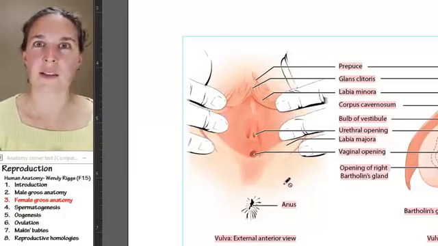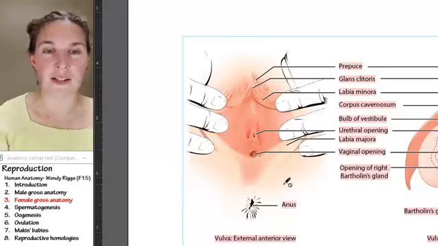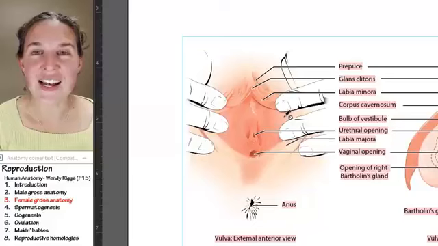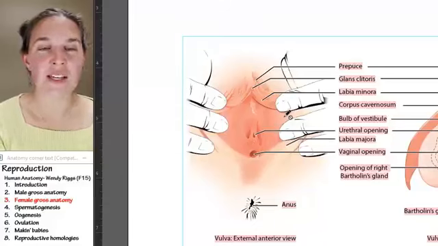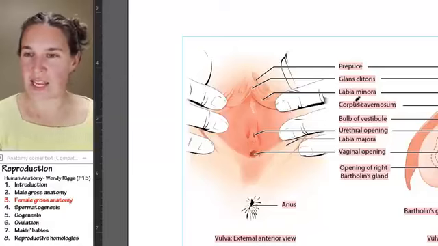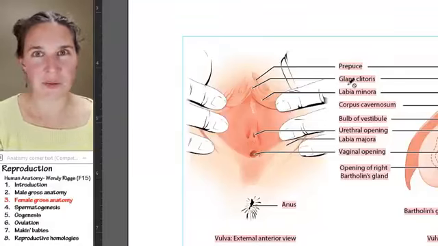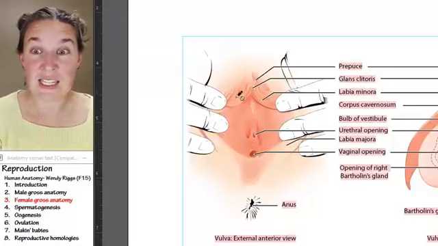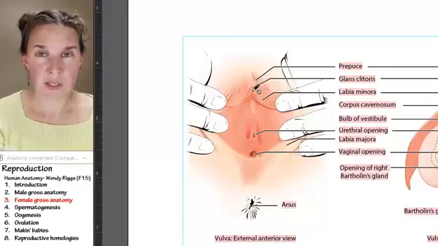So, clitoris. Let me tell you a little bit about this clitoris that we speak of. The clitoris has a glans. Now, I'm telling you that it has a glans, and you're probably like, who cares? Take a look over here. This image is labeled, and the glans of the clitoris is labeled here.